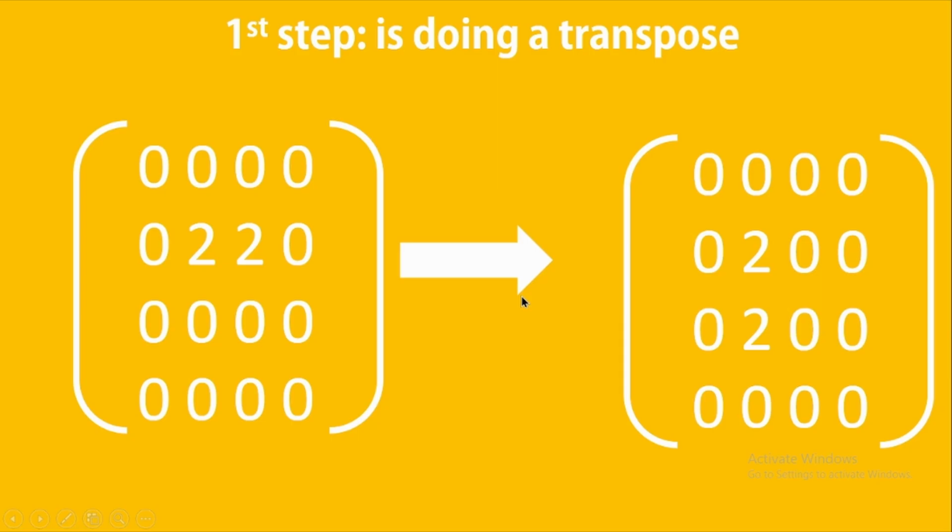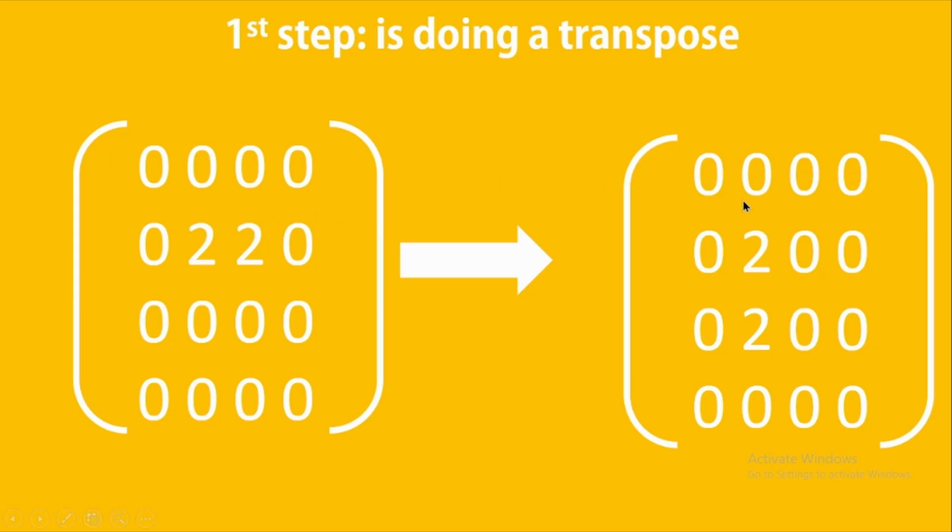First thing, we take the transpose. So from being like this to this. Doing a transpose for a matrix in algebra, what you do is you invert rows and columns. So columns become rows and rows become columns, like this.